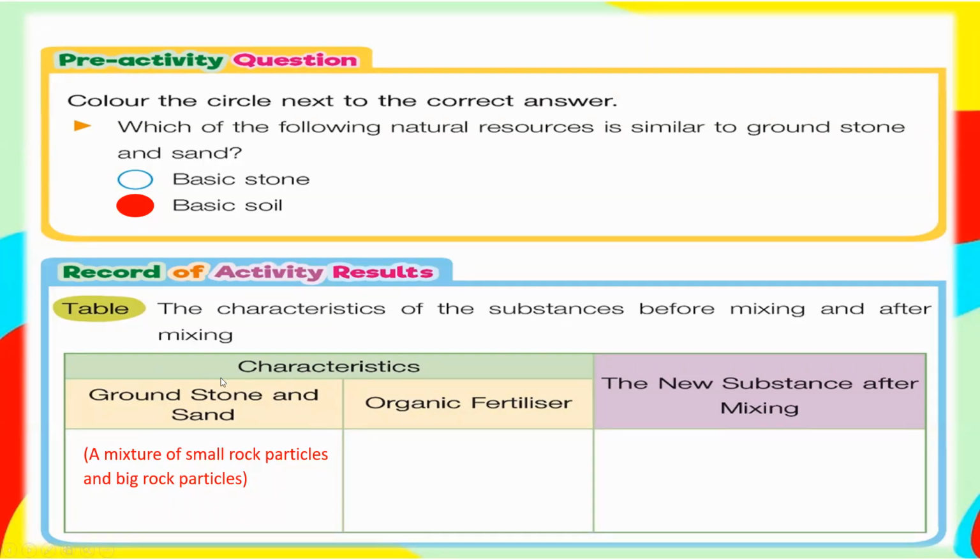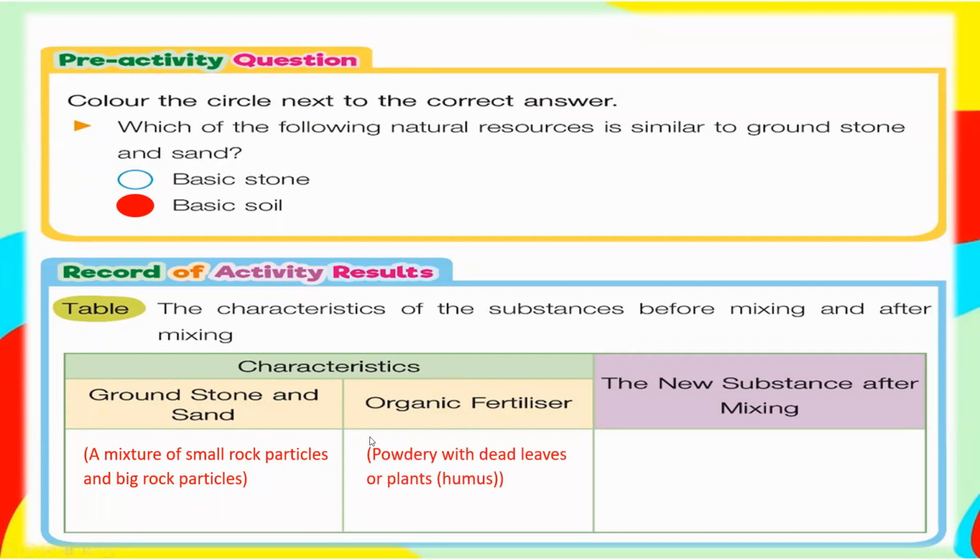The ground stone and sand characteristics will be a mixture of small rock particles and big rock particles. This we will find like before, right? So the ground stone and sand will be like a mixture of small rock particles and big rock particles.